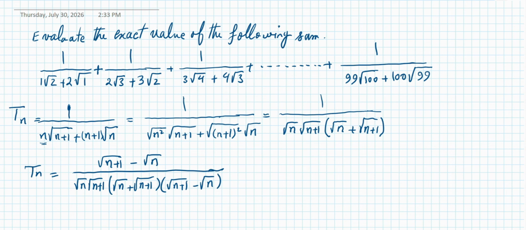And this would be like a squared minus b squared in the denominator.